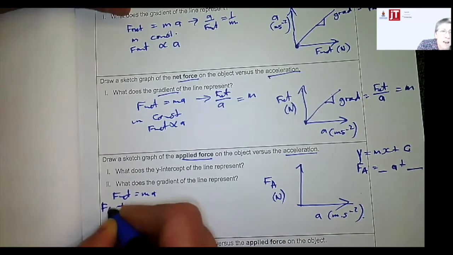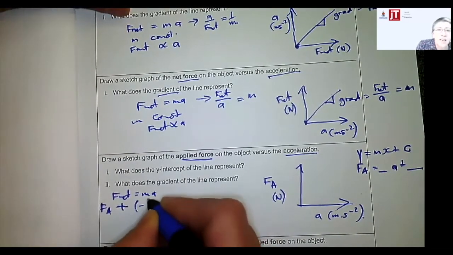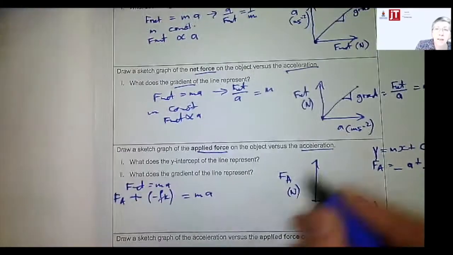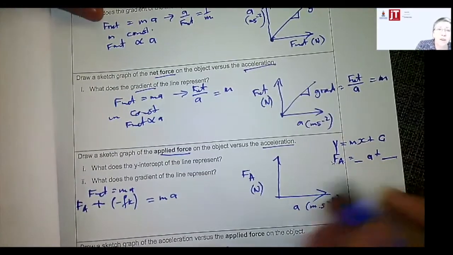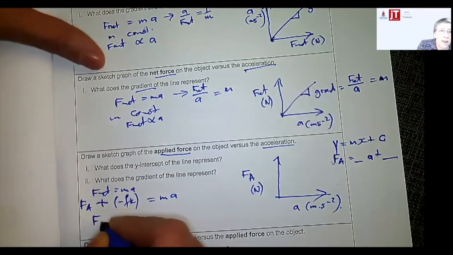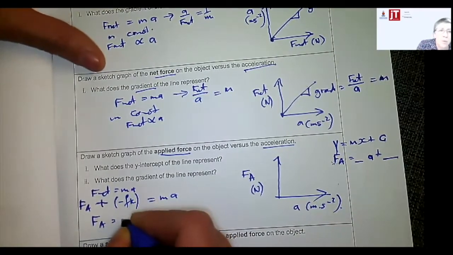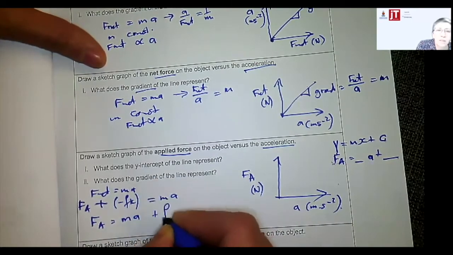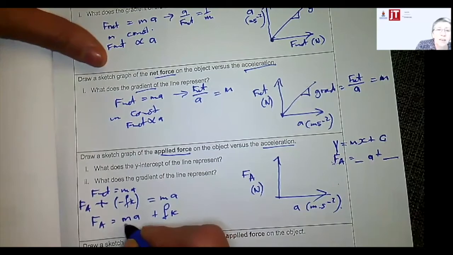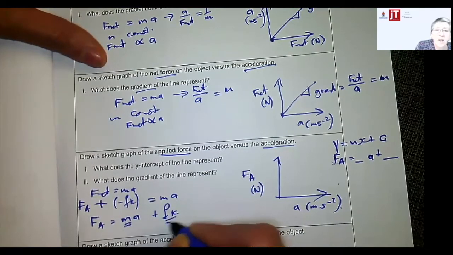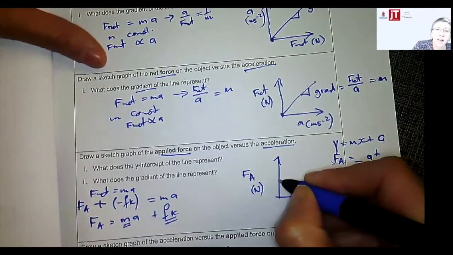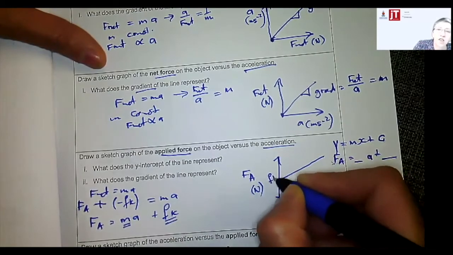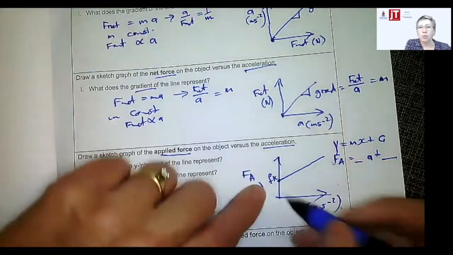That is Fa in the positive direction and minus Fk, the friction, and that is equal to M times A. But I'm working towards Fa on its own. Okay, so Fa, and that will be Ma, and I'll take the friction over, and it becomes plus Fk. All right, so immediately there I've got the gradient and there I've got the y-intercept. So I'll have a positive gradient and I'll have a y-intercept that is actually the frictional force.